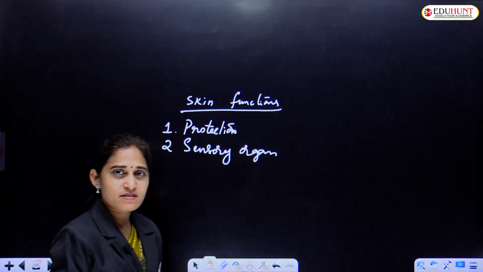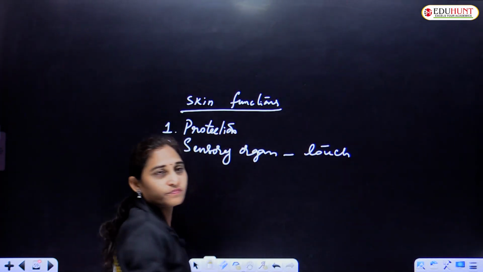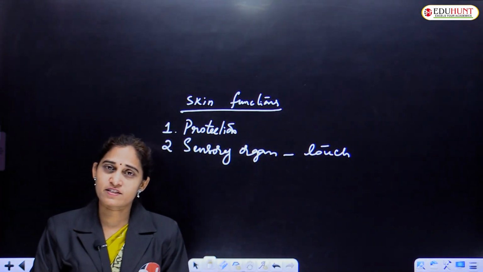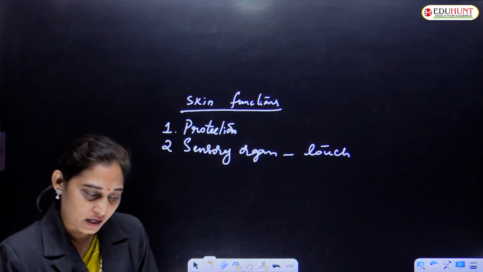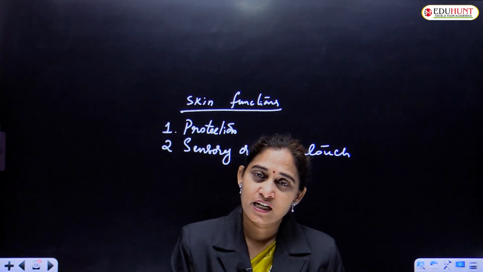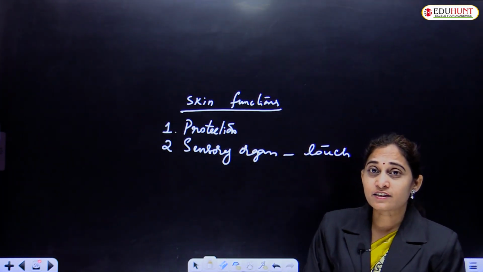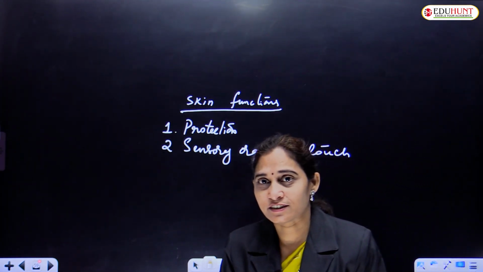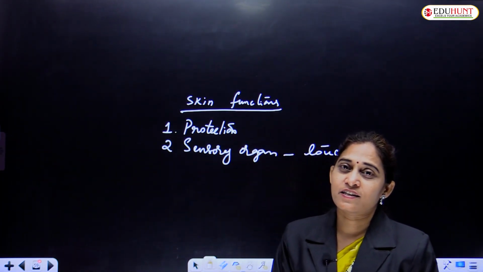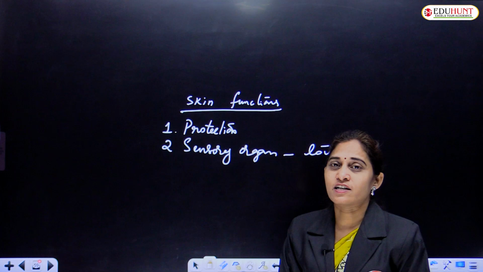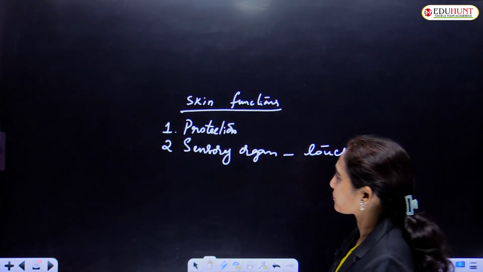Which sense does it have? The sense of touch. We have 5 sense organs: eyes for vision, nose for smelling, ears for hearing, tongue for taste, and finally skin, which senses touch.